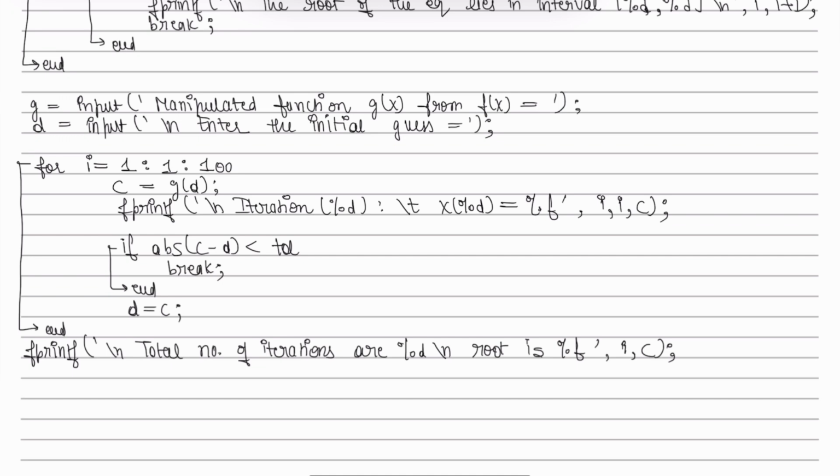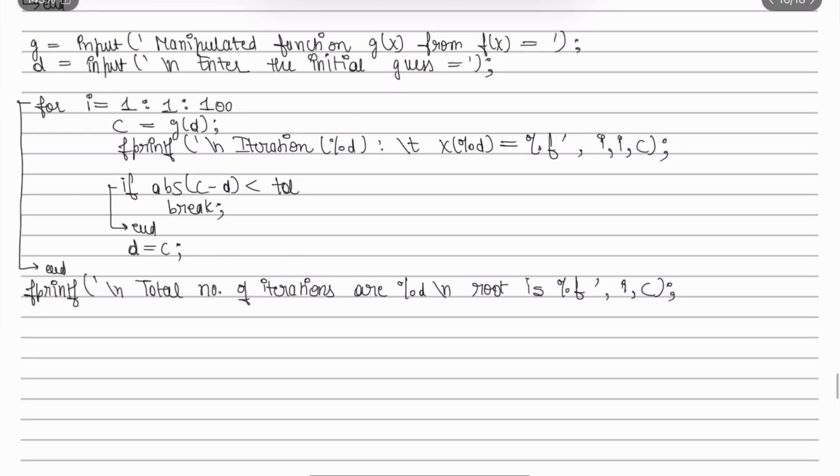To check that, we differentiate that function, take the modulus, and if the maximum value is less than 1, then we say that this function will help the iterative process converge to its roots, otherwise not. The code we have discussed before will not check this, so we have to check it manually before entering that function into the MATLAB code.